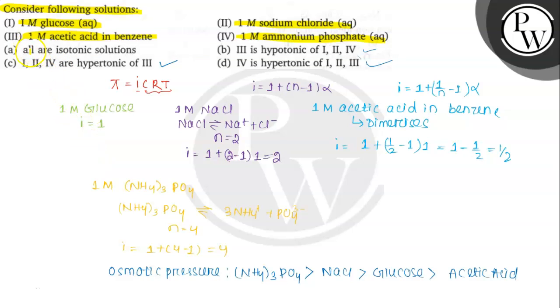If it were for the correct option, then the other three would be the correct answers. If it is not mentioned, it is better to take the incorrect one, which will be 'all are isotonic solutions', the incorrect one.